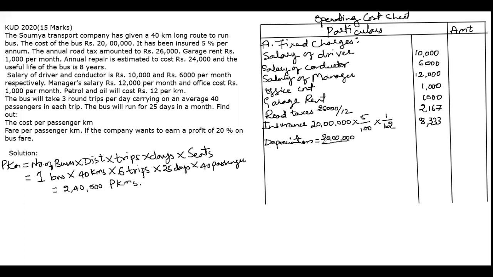20 lakh divided by 8 years. The life of the bus is 8 years, and we have to convert it into 1 month. 1 by 12. So it comes to 20,833. So we have to total all this.